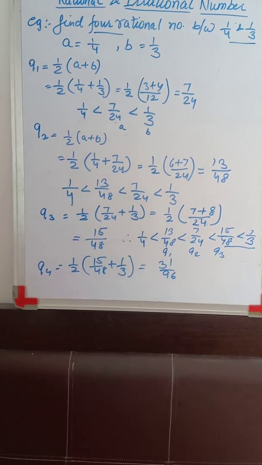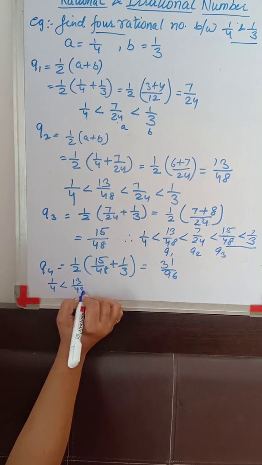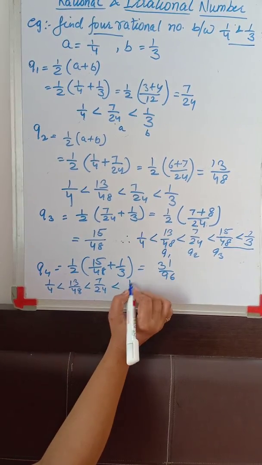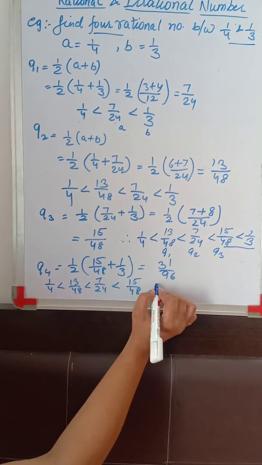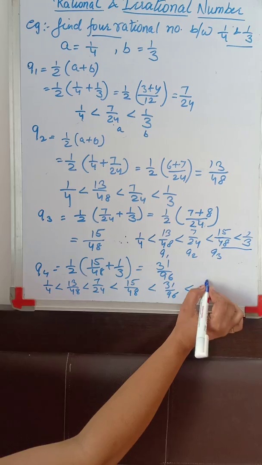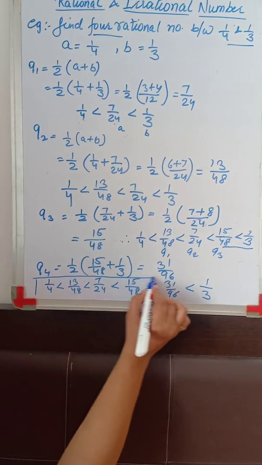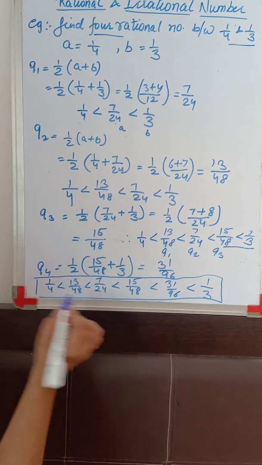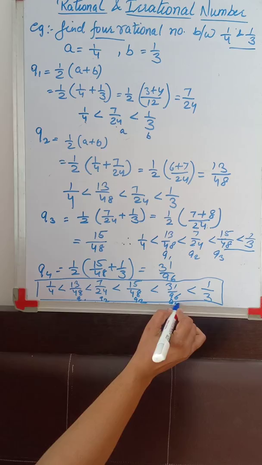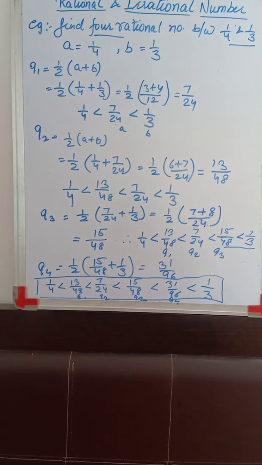So here our answer becomes 1 upon 4, then 13 upon 48, then 7 upon 24, then 15 upon 48, and last 31 upon 96, and what was our number? 1 by 3. So these are 1, 2, 3 and 4. These are the 4 rational numbers in between 1 upon 4 and 1 upon 3.